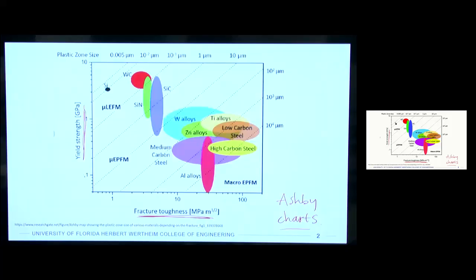What they've done is put these dashed lines on top of the Ashby chart. These lines do not represent a ratio of, let's say, yield strength to fracture toughness that you would want in an antenna or a chair leg or some component. That's what we normally would use Ashby charts for.